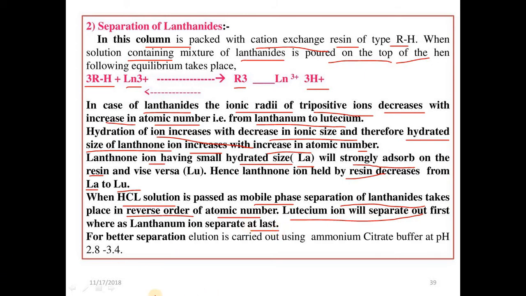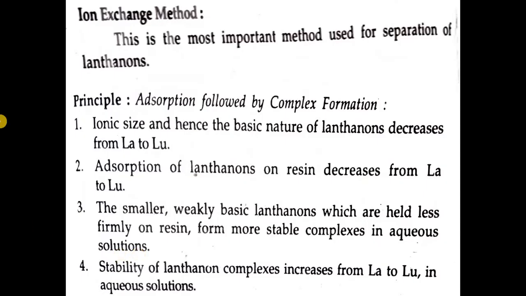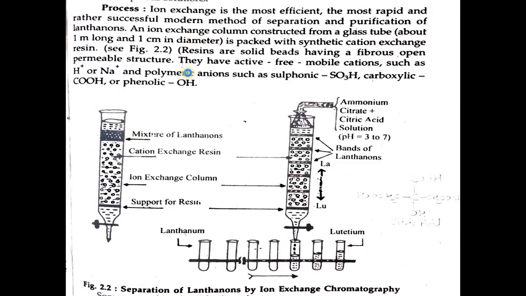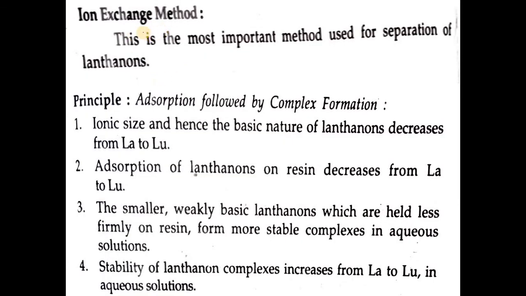For better separation, elution is carried out using ammonium citrate, and pH is maintained between 2.8 and 3.4. This ion exchange method is the most important method used for separation of lanthanides.